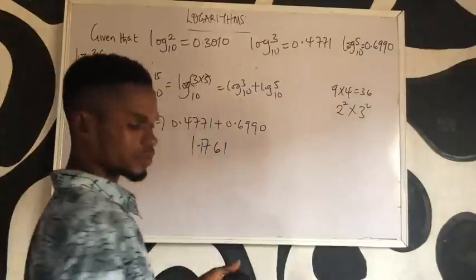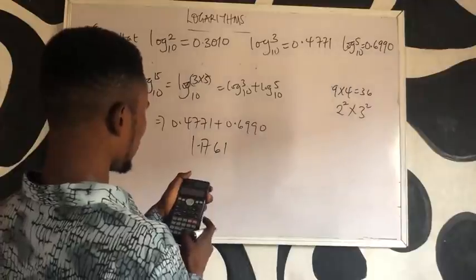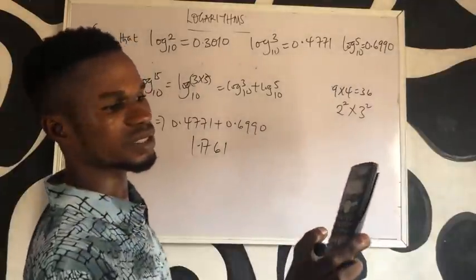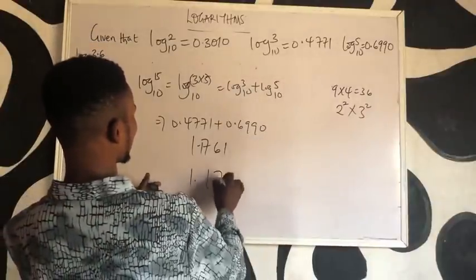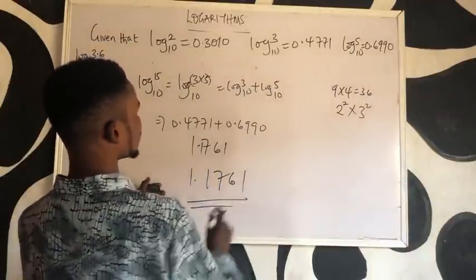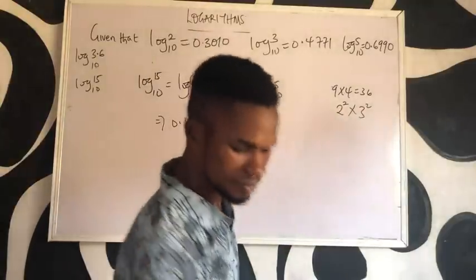Okay, let's check log 15, which is the same thing as this. This is 1.1760. So we have 1.1761 as the result of that.